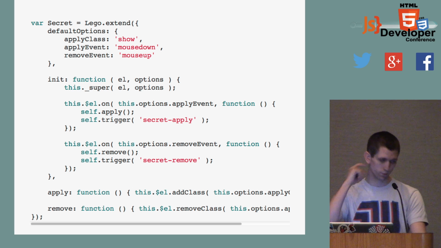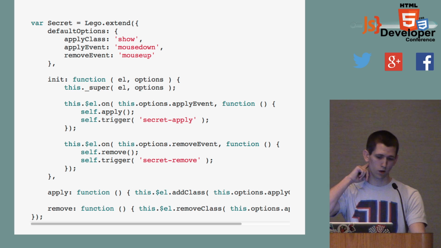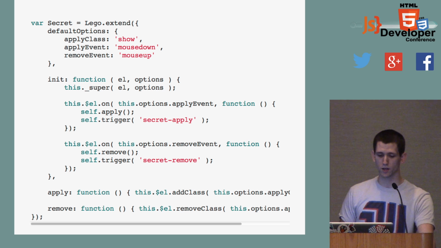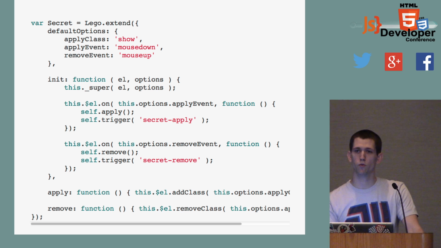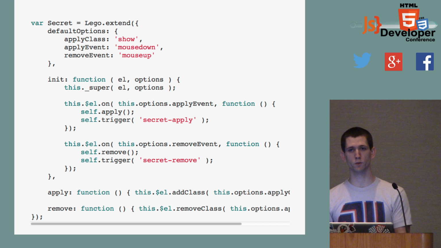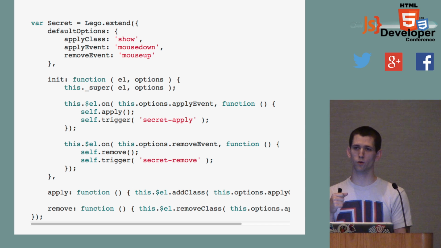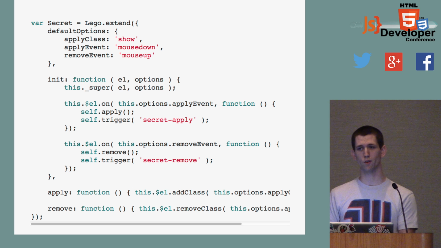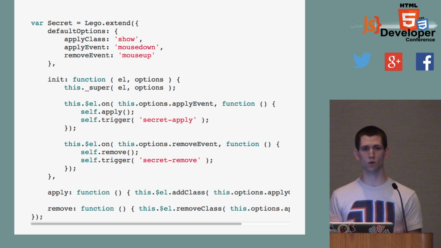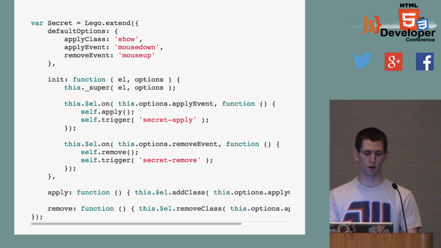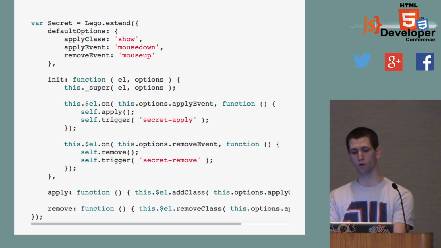Then the next thing I do is bind to an event on the element. The event is actually stored in that options object. Before, we said the behavior of this component was mouse down, add a class, mouse up, remove a class. I'd like to argue that we shouldn't be stuck with that mouse event. If later on down the road I really want to choose a different event to bind to, I should be able to pass that in as an option rather than changing the source of my component. So here, it's a lookup into whatever the options are.